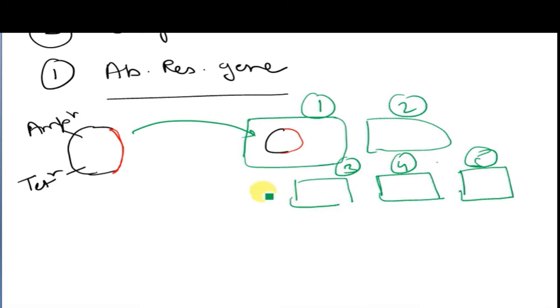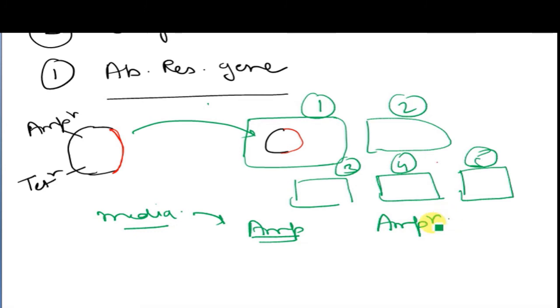Amongst 5 of them, only the first one has got the ampicillin resistance gene, and the media where all these E. coli cells are grown has been provided with the ampicillin drug, right? So only that E. coli which has the ampicillin resistance gene would survive in these conditions, and all the other E. coli would be dead.